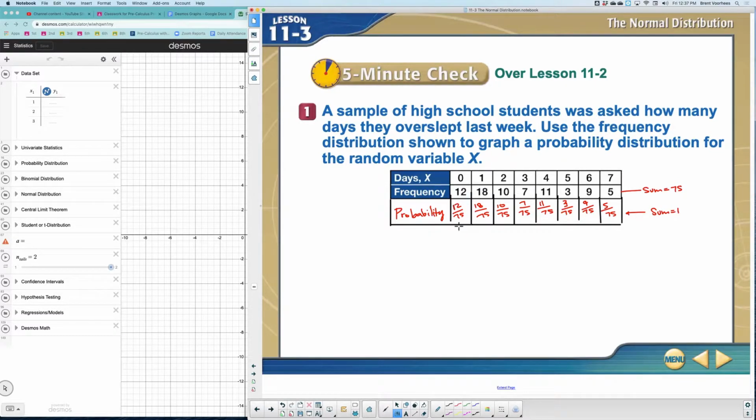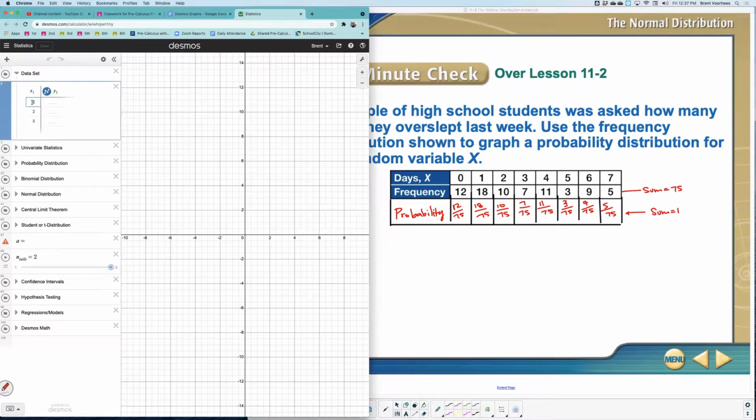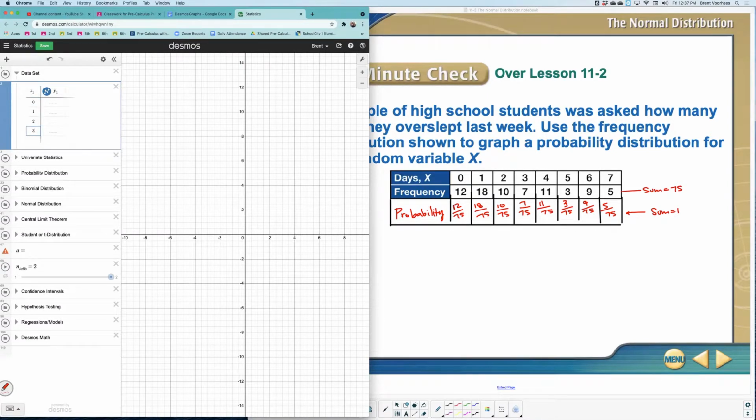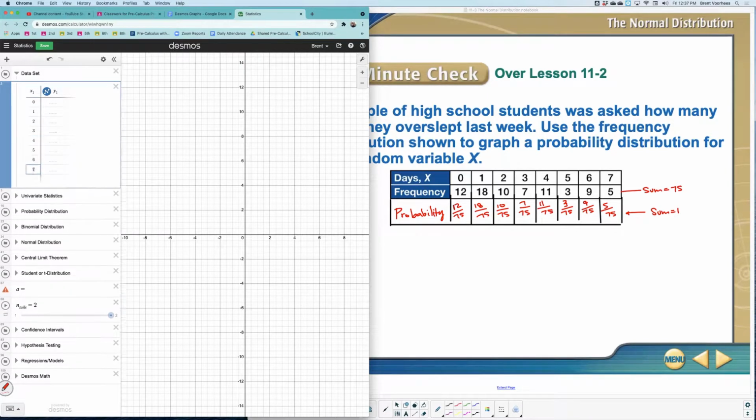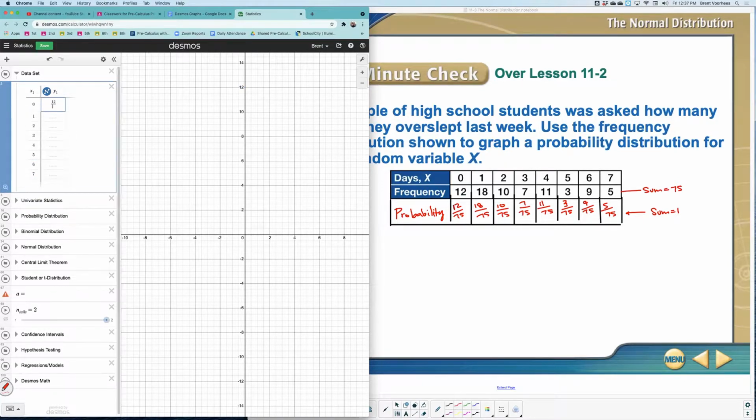Okay, so let's look at how this graph is. So instead of graphing the values they gave us, we're going to graph these. So oversleeping 0, 1, 2, 3, 4, 5, 6, and 7. We're going to look at those, and specifically the probabilities.